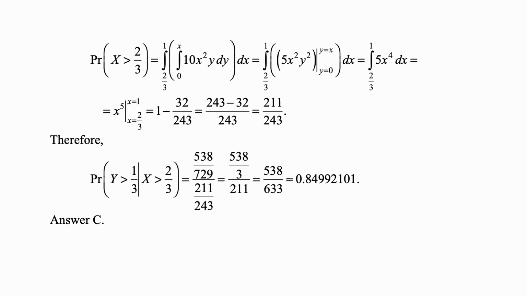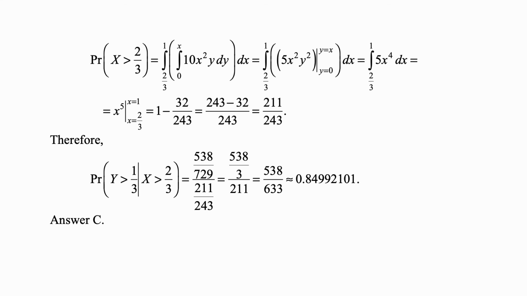Well, that's equal to 1 minus 32 over 243, or 1 is equal to 243 over 243, so this becomes 243 minus 32 over 243. That's 211 over 243.